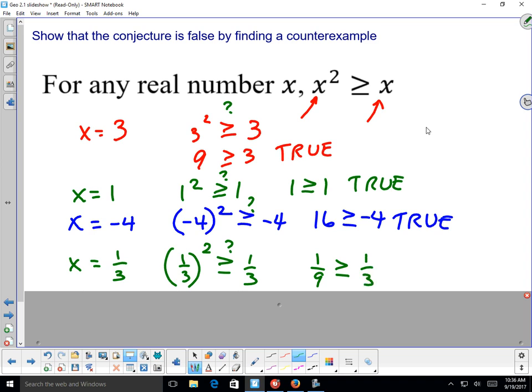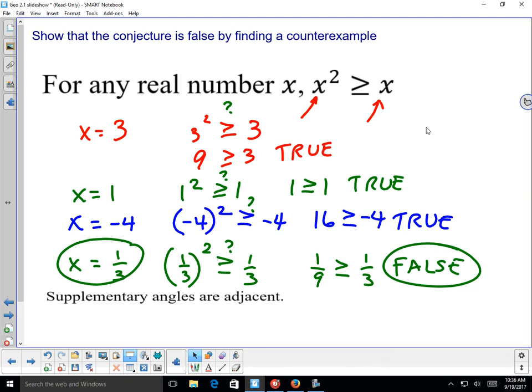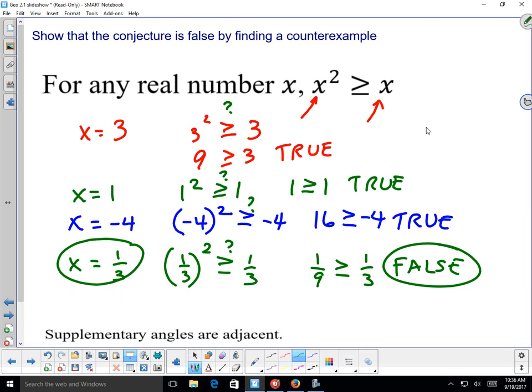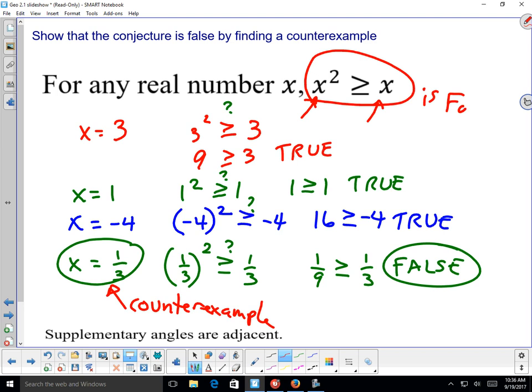No, it's not. 1/9 is smaller than 1/3. So this is false. So this right here is our counterexample. And that means that this statement, x squared greater than or equal to x, is a false statement. Again, all you have to do is find one counterexample to disprove a conjecture.